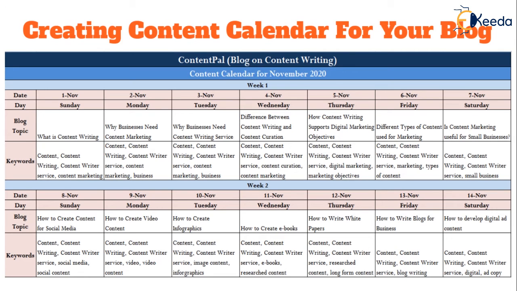Now, this is based on the assumption that this particular blog will follow a daily publishing schedule. That means every day one post will go live. The keywords, as you see, are the ones which are most trending, most appearing in the keyword research tools that we use.